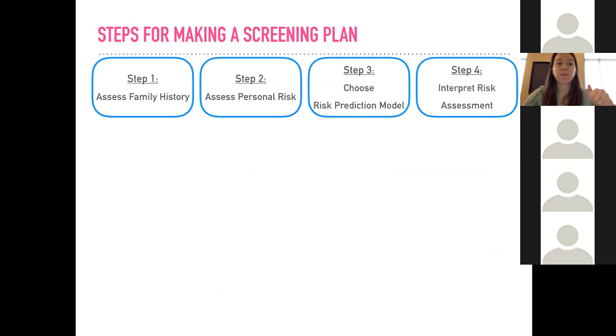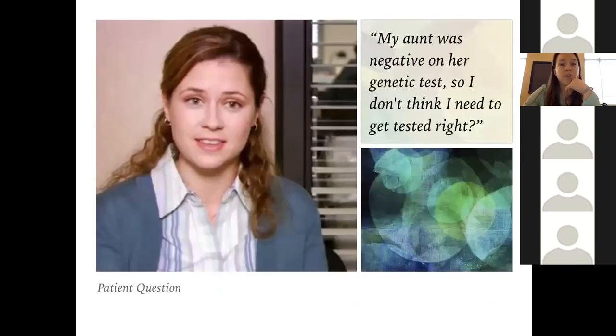The first step would be assessing a family history. So a patient comes in and says, my aunt was negative on her genetic test, so I don't think I need to get tested. That's something that I've heard from a lot of patients. They just say somebody in their family was negative or positive.